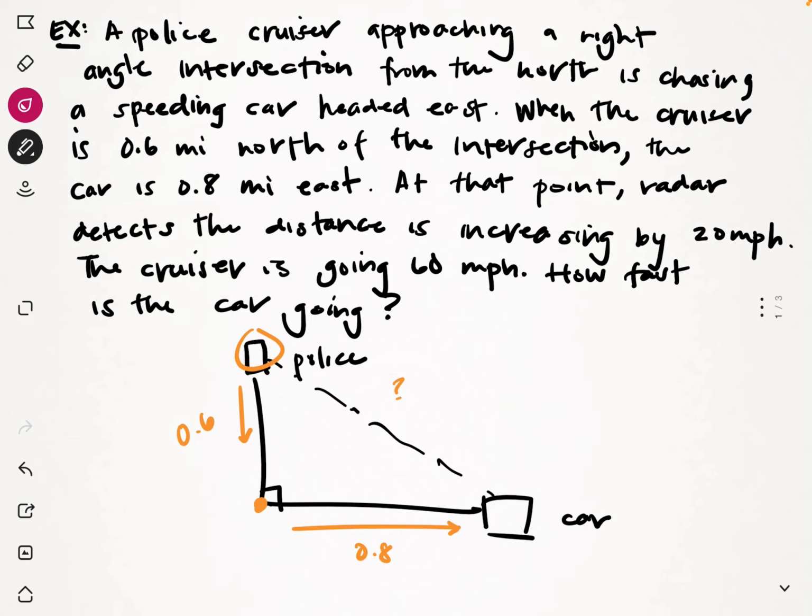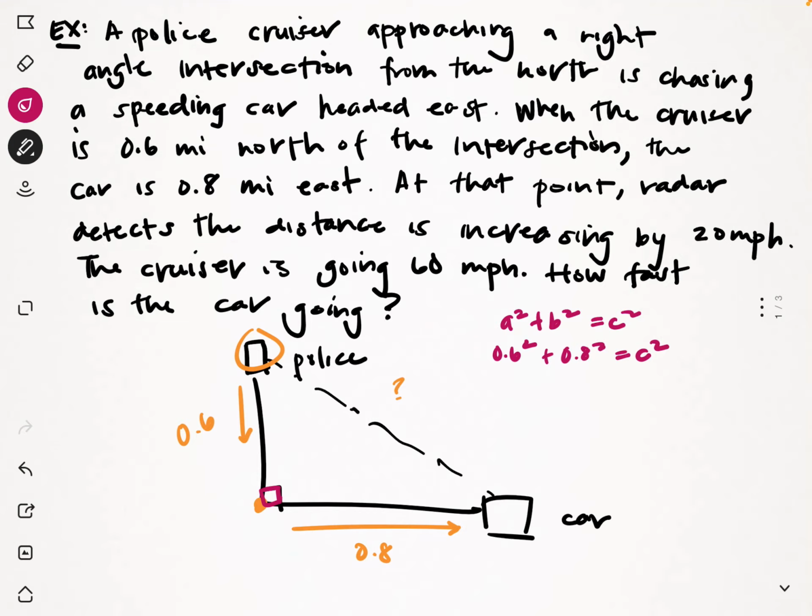If we use the Pythagorean theorem, a squared plus b squared equals c squared, because we do have a right angle intersection, we're allowed to do that, and a triangle. Then our a would be 0.6, our b would be 0.8, and we're trying to find our hypotenuse, the distance between the police car and the car it's chasing.